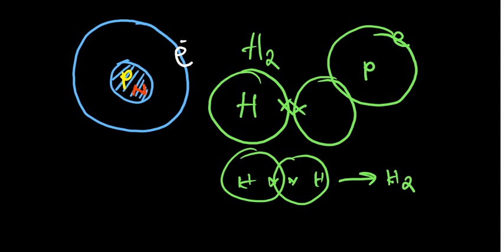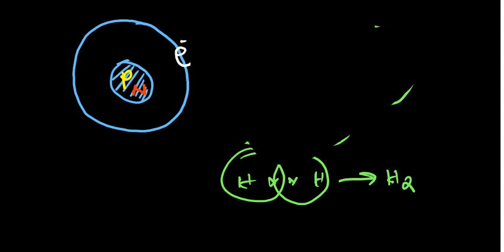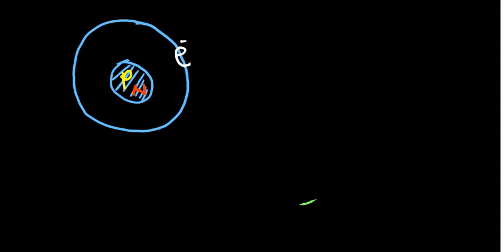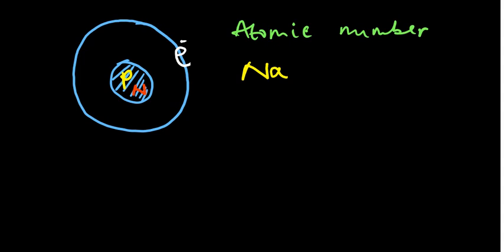All right, having said that, I also want us to look at what exactly is atomic number, what is mass number, and so on. When we look at the periodic table, you will realize that there are certain elements, for instance, sodium, where we have 11 and 23.